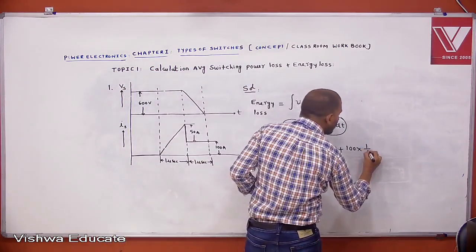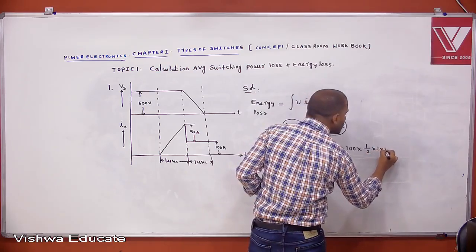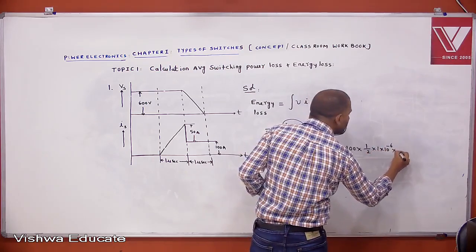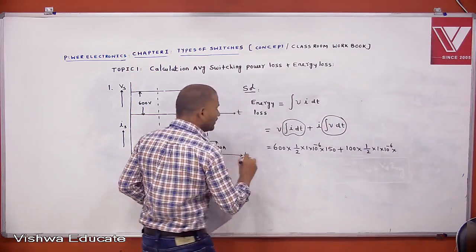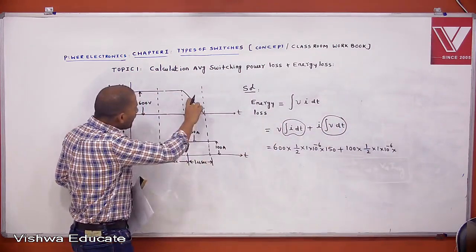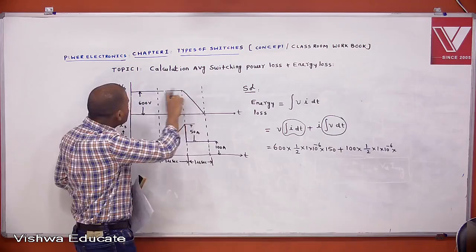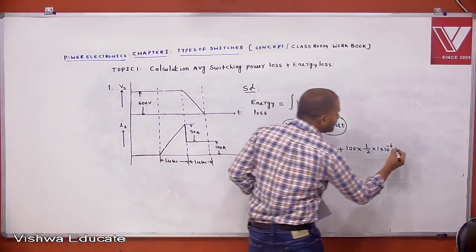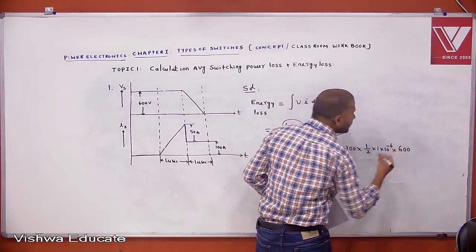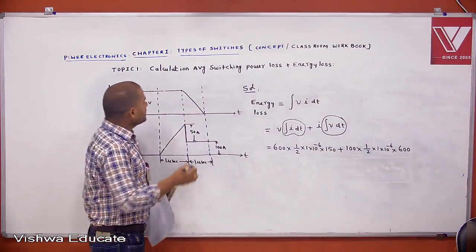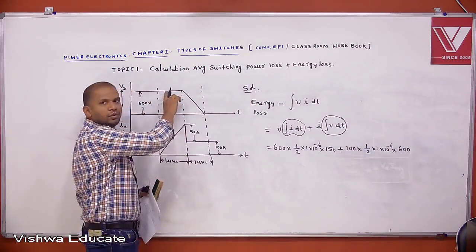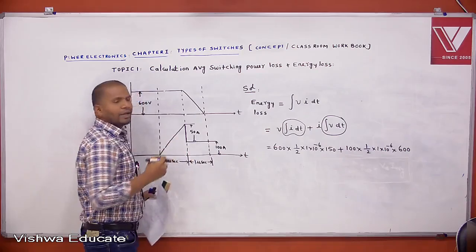Half. B is how much? 1 microsecond. H is how much? 600. This height is 600 volts. This base is 1 microsecond.